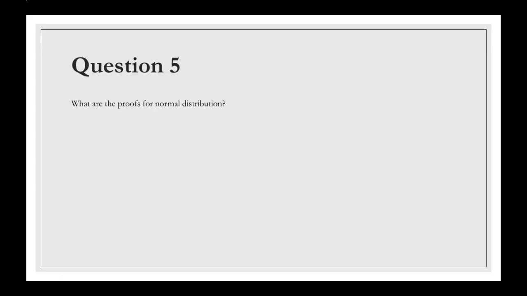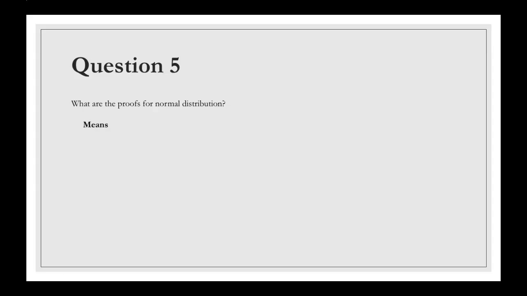Now, question 5. What are the proofs for normal distribution? Right? So before you can use a z-score, you always have to prove normal distribution. So we have some proofs for means, and then we have proofs for proportions.